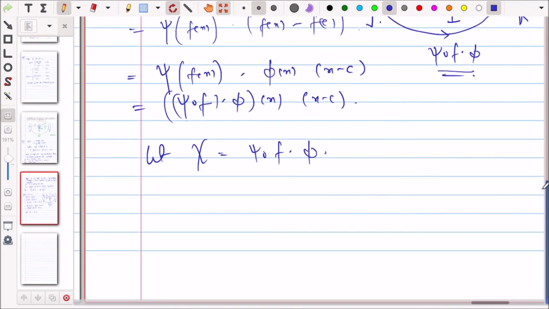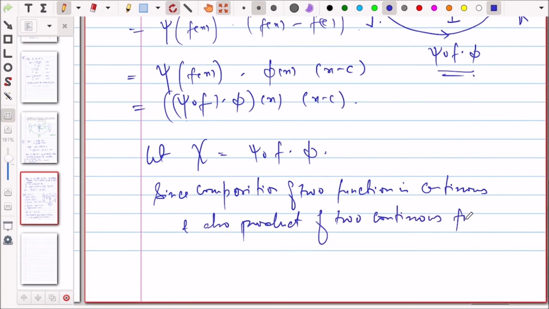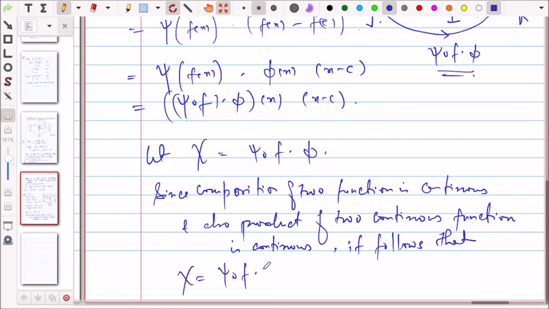Now since the composition of two functions is continuous, and also the product of two continuous functions is continuous, it follows that chi equal to psi of f dot phi is continuous at c, because phi is continuous at c, f is continuous at c, and psi is continuous at fc.